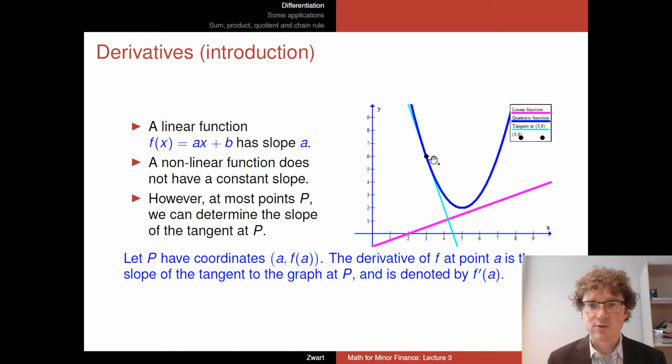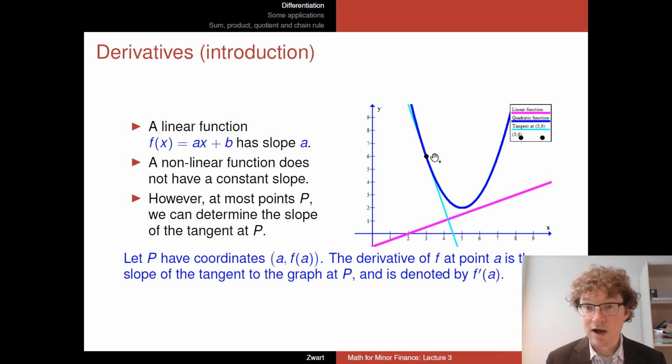If I ask what's the slope of this graph at this point, well, you might at least agree with me that it's downward sloping at this point. So what do we mean exactly? One way of defining the slope at this particular point is to look at this light blue line, which is the tangent line to the parabola. So it touches the parabola exactly in this point.